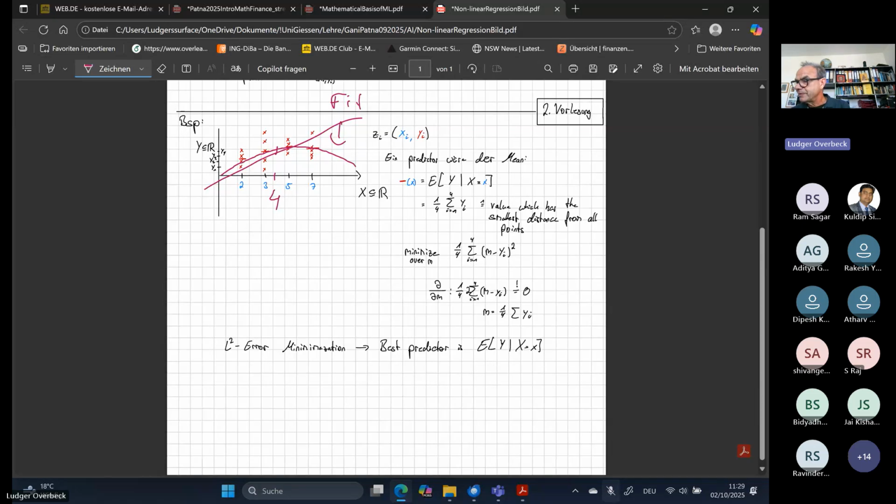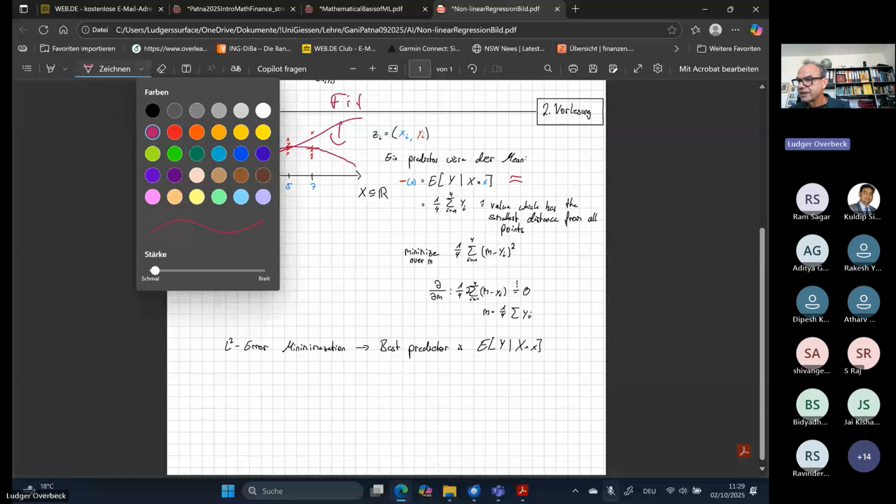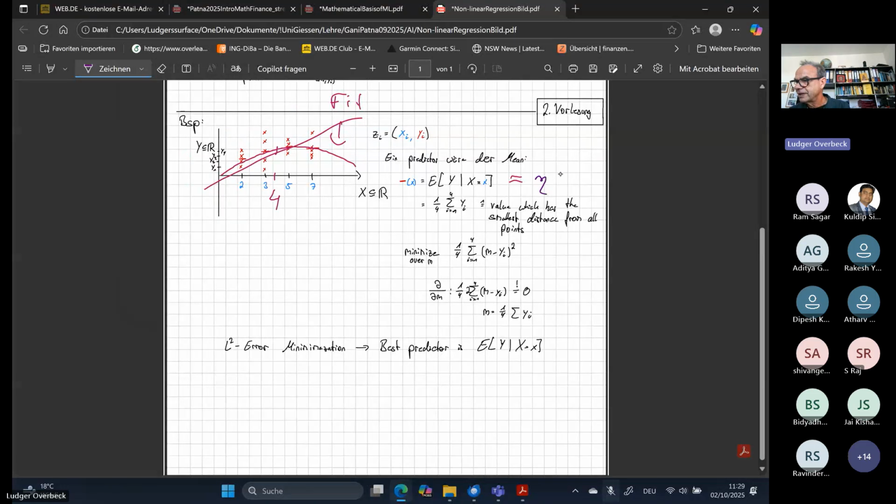So we want to estimate this, not this function, but we had a different color here. I think it was this one. Here we want to figure out a function eta of x, and in our case this might be 0 or 1.